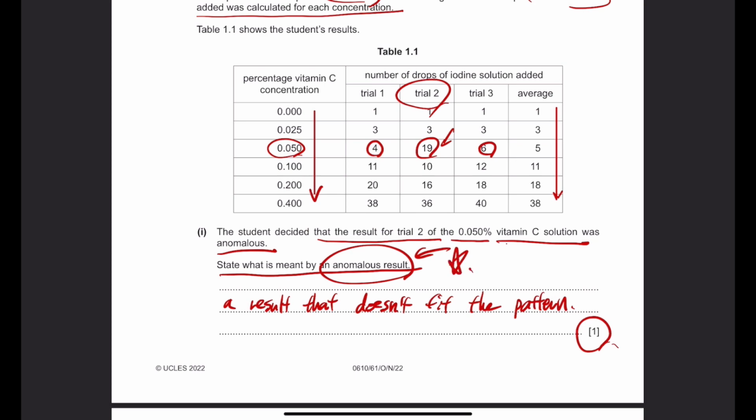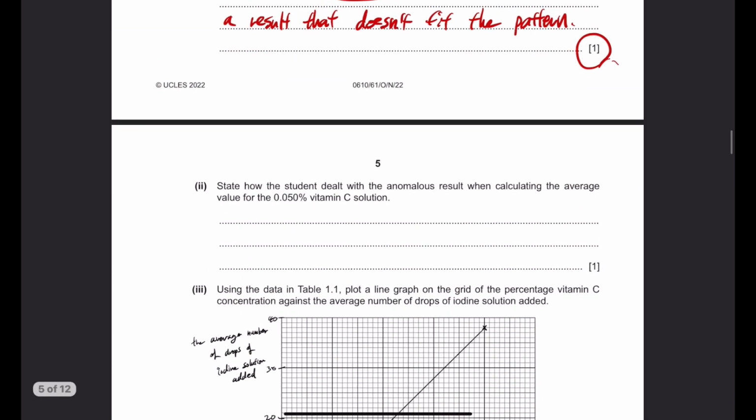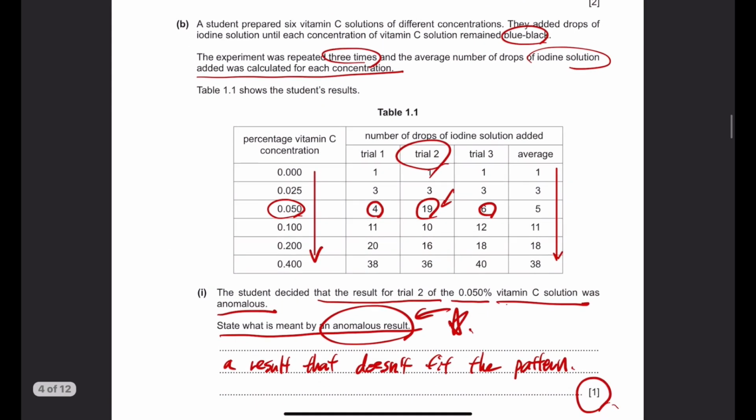Okay. So let's have a look at number 2. State how the student dealt with the anomalous result when calculating the average value for the 0.05% vitamin C solution. So even though the anomalous result showed 19 drops, the average was calculated as 5. You can see that this was excluded, and then the student got the average value of 4 and 6.